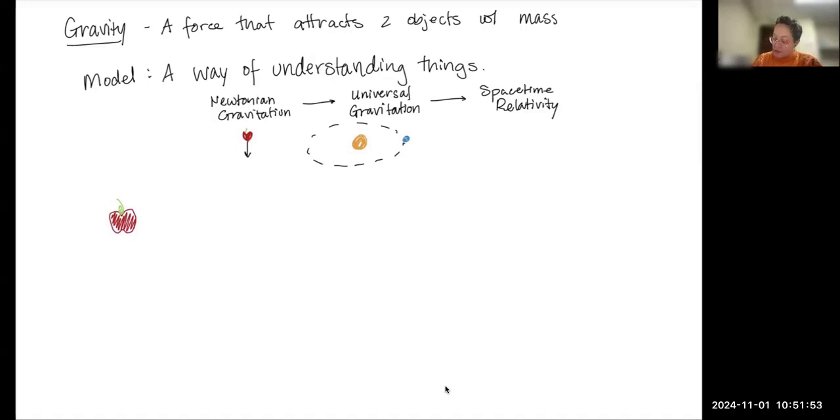And so we learned that when an object is in free fall, aka gravity is the only force acting on it, what we end up seeing is that it accelerates towards the Earth at a pace of negative 9.8 meters per second squared.